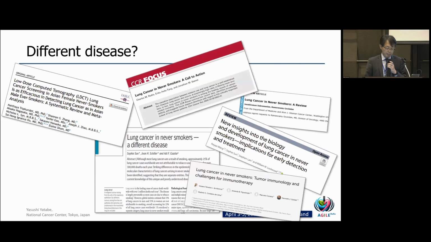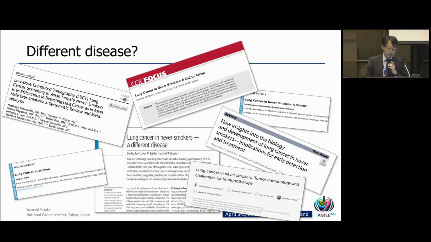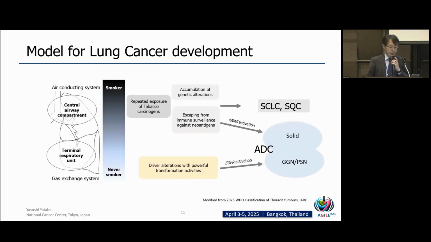There are many papers showing these tumors may be different diseases in terms of non-smoker and smoker, women's adenocarcinoma or male lung cancer, and also lung cancer in never smokers is a matter of discussion.